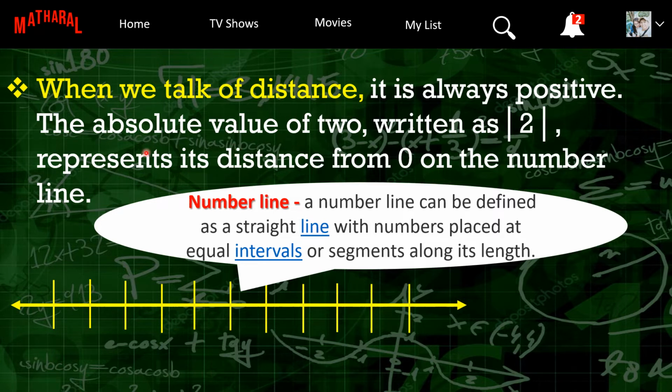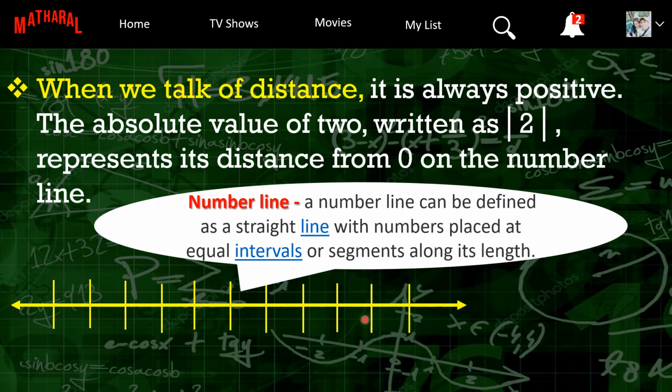So to define the number line, as mentioned on our previous slides, a number line can be defined as a straight line with numbers placed at equal intervals or segments along its length. So imagine na lang po natin that we have a ruler with lines and numbers. So in here, this is a number line consisting of intervals.